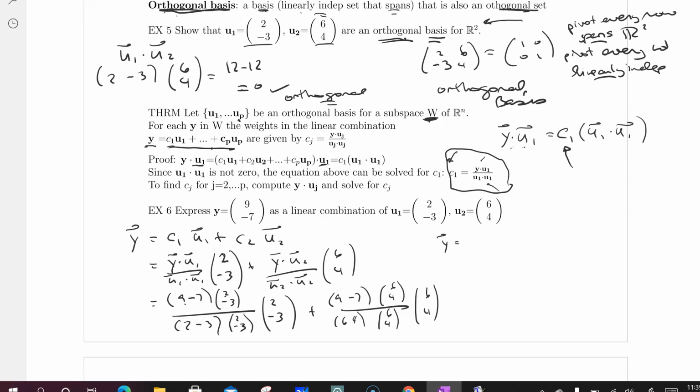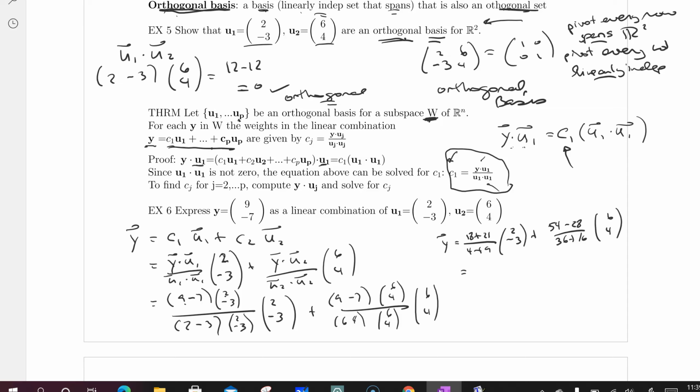Okay, so let's do the multiplication here. I get 18 plus 21 over 4 plus 9, all times this vector 2, negative 3, plus 54 minus 28 over 36 plus 16 times this vector 6, 4.